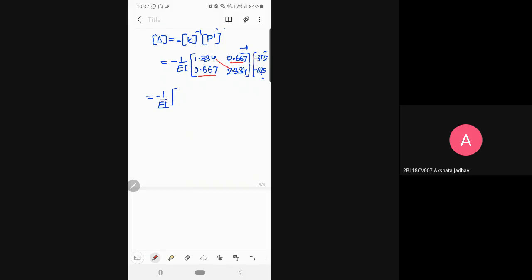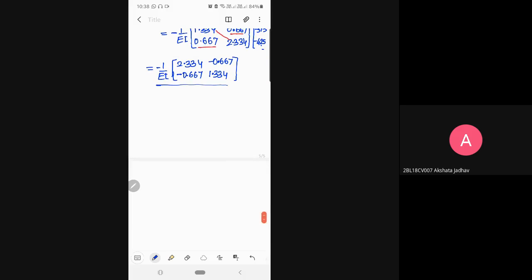Clear? What is that? Interchange the principal diagonal elements: 2.334, 1.334. Interchange these two and change the sign of the other two elements. These two elements will be the same, so minus 0.667, minus 0.667. Right? That divided by the determinant A, this is nothing but the cofactors now.